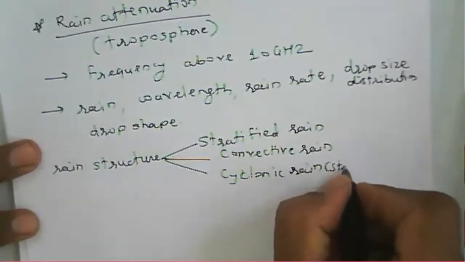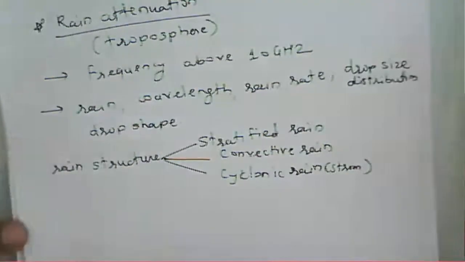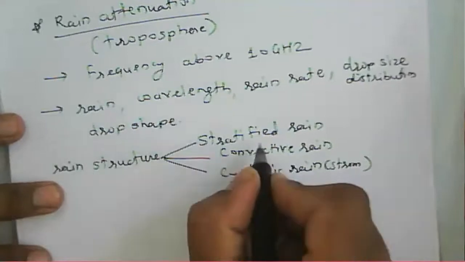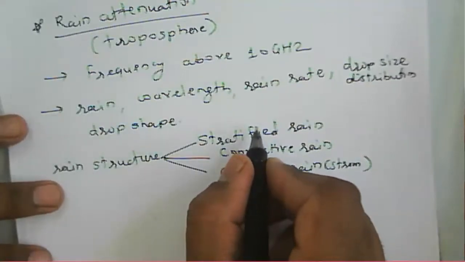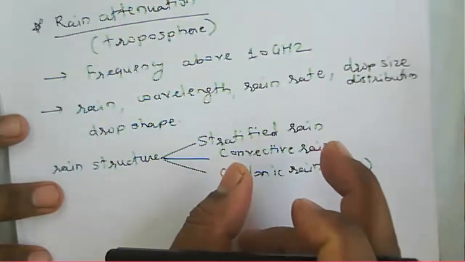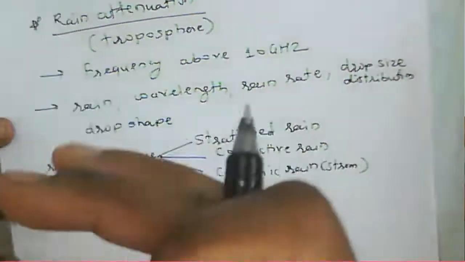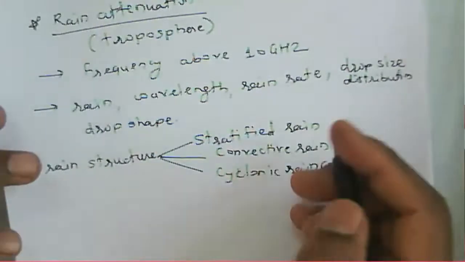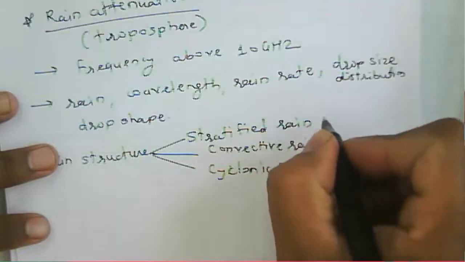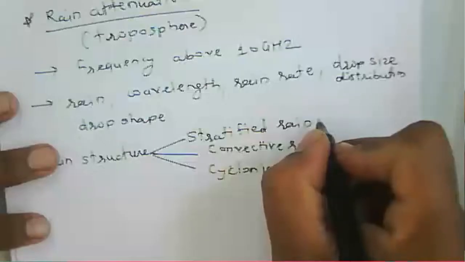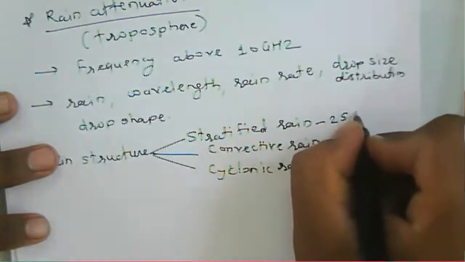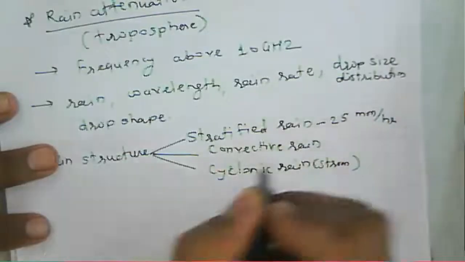So it's nothing but the types of rain we consider here. Generally, a stratified rain has a typical horizontal extension of that particular rain, and the attenuation occurs at a rain rate of 25 millimeter per hour.